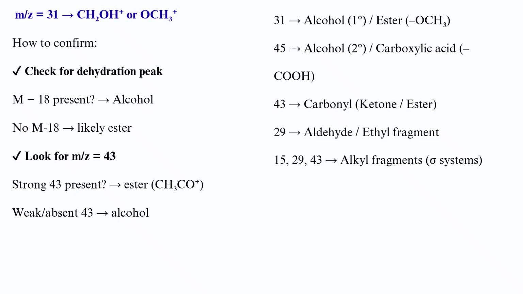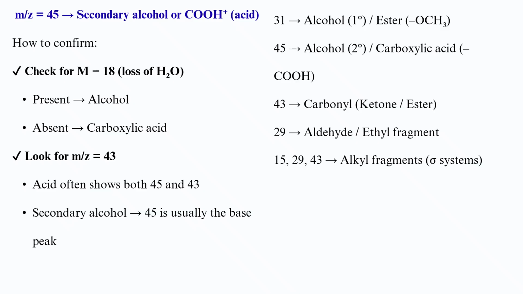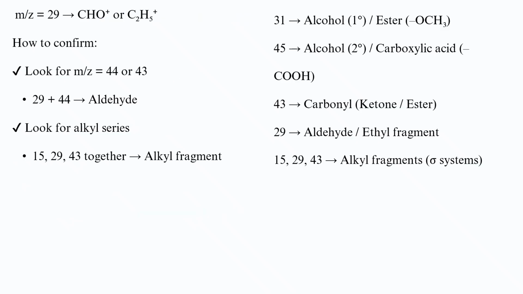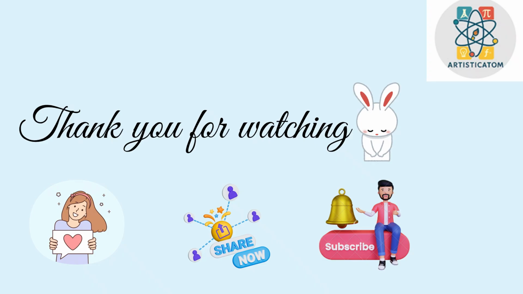Here I have mentioned everything. You can go through it, and if you have any query, you can mention it in the comment section. I'll be really happy to help you out. This one is for the secondary alcohols and the carboxylic acid. This one is for the aldehyde and also this C2H5 radical cation.